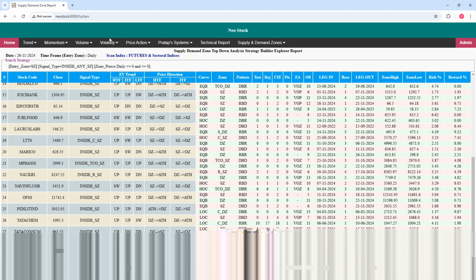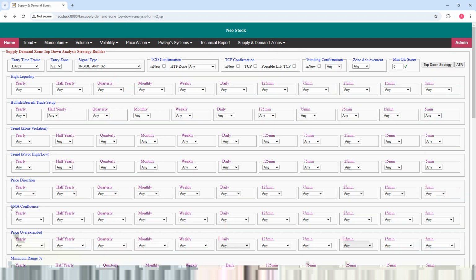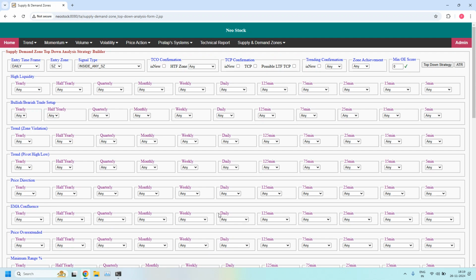So from this list, let us identify how many of these daily supply zones are having daily EMA Confluence. In the EMA Confluence at the daily time frame, daily supply zones having daily EMA Confluence, and in the zone violation based trend at the daily time frame, it should not be sideways. It can be either up or down.